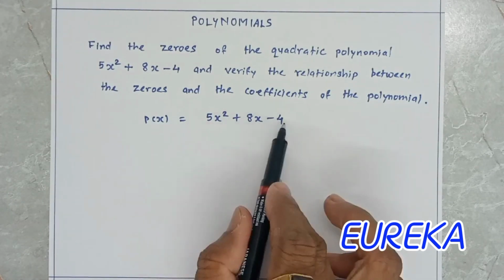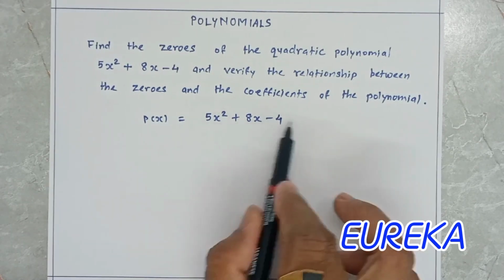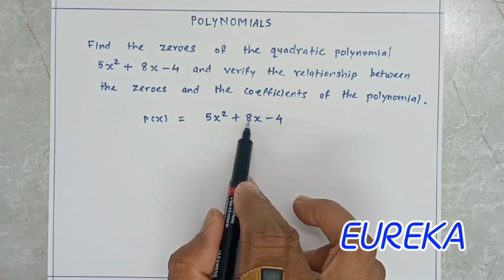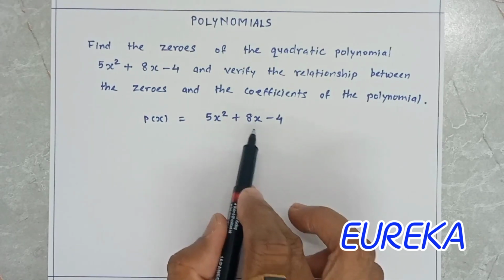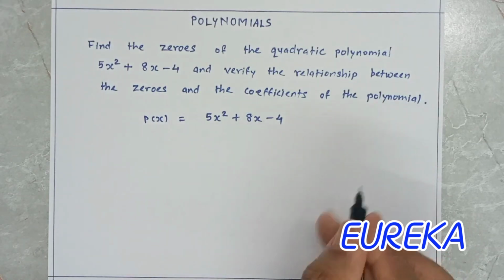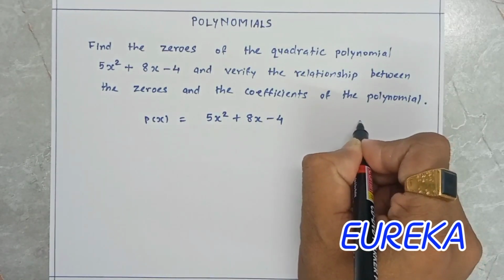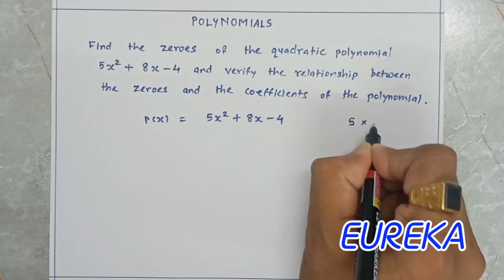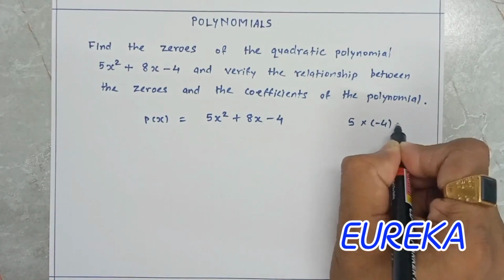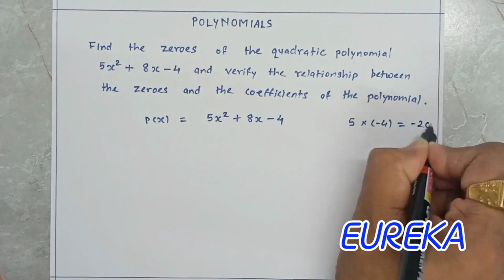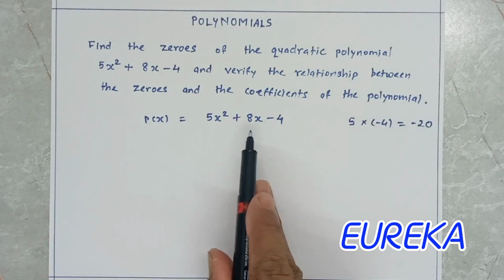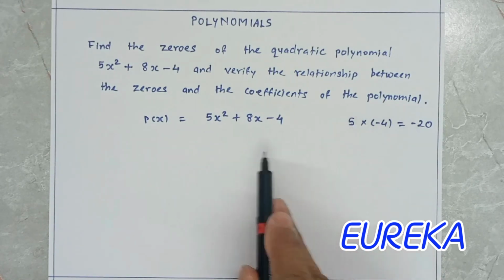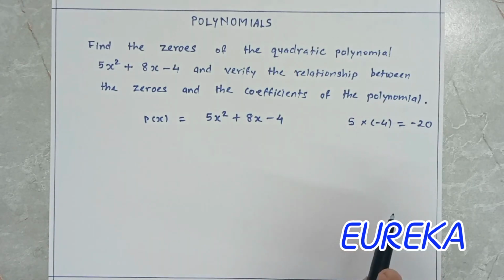We know that 5 fours are 20. So we have to split 8 into factors such that on multiplication they give minus 20, to be specific. The coefficient of x square is 5 and the constant is minus 4, which gives minus 20. Now we have to split 8 in a way so that on multiplication those numbers give minus 20.